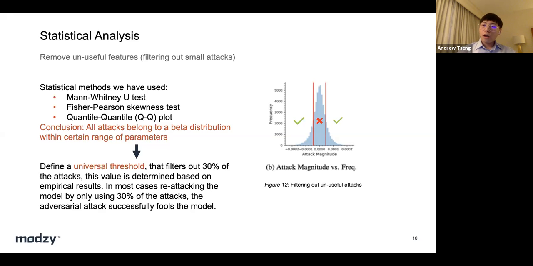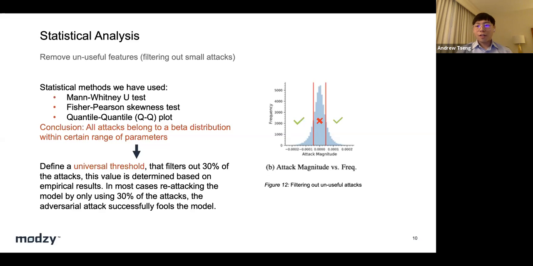We found that all the distributions belong to a beta distribution within a certain range of parameters. And we are really excited because now we have proved that those distributions do not significantly differ from each other. So we could easily build thresholds on these distributions and throw away everything that is below this threshold.